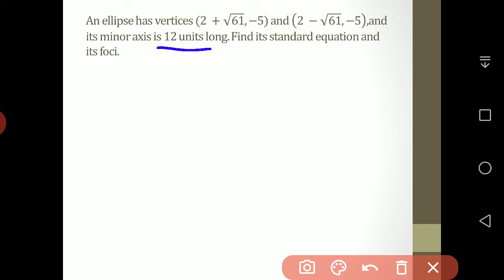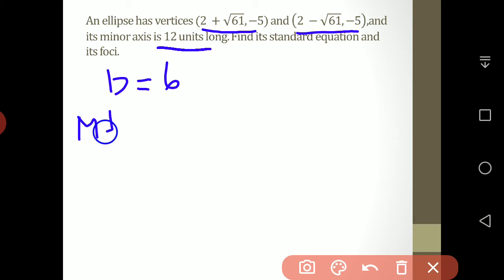And the minor axis is 12 units long, which means that half of our minor axis is b. So since our minor axis is 12, b is 6. And for us to get the center, we need to get the midpoint of these two points. So the midpoint formula will look like this.